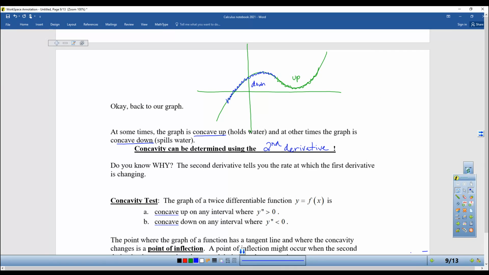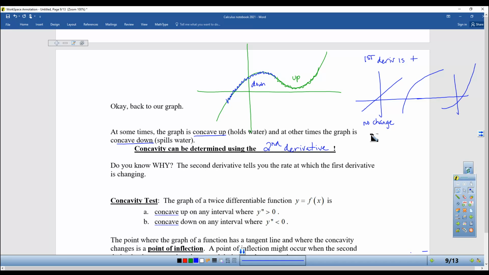If I told you that the first derivative is positive, then it could be positive like that, or like that, or even like this. All of these are positive slopes, and yet very, very different. This one has zero change. The slope stays the same, no change.